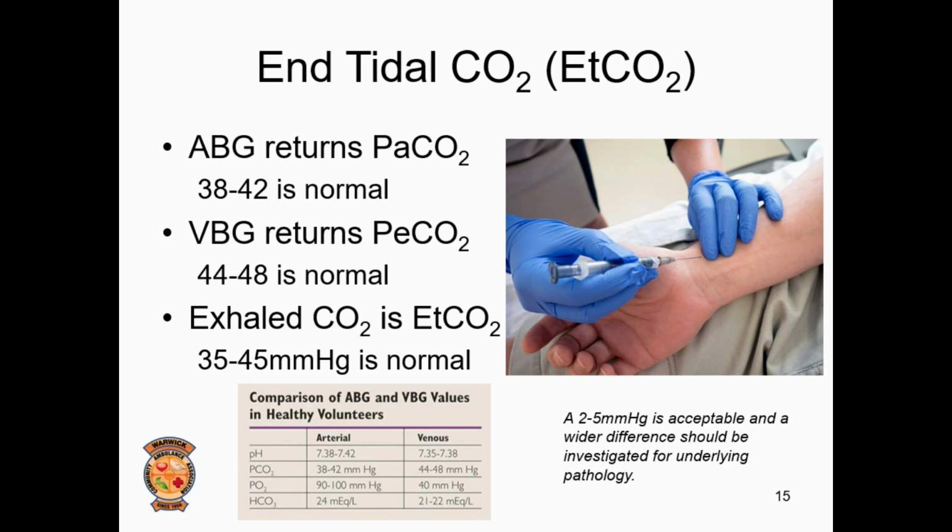A normal PaCO2 from an ABG is between 38 and 42 millimeters of mercury, so it's a little bit lower. While this won't help us a lot in the pre-hospital arena, reporting an end tidal CO2 is important when comparing it to an ABG, and the difference between the two shouldn't be more than 5 millimeters of mercury. Anything more than that needs to be investigated by the hospital staff.